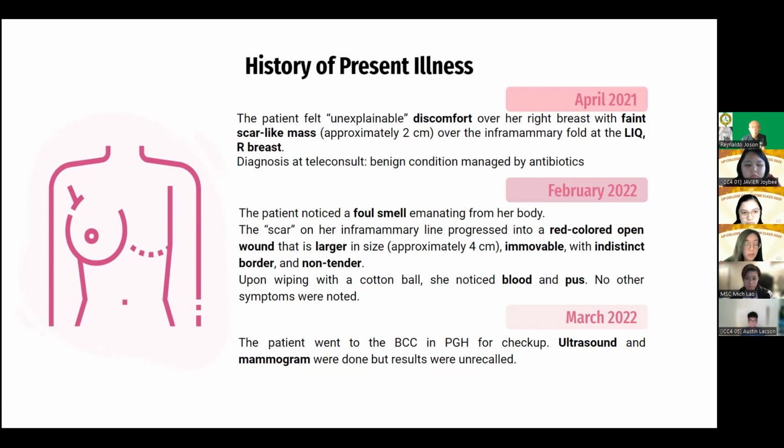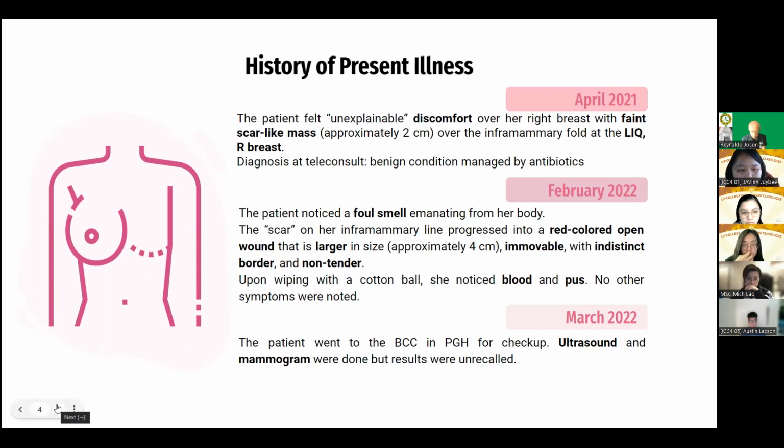This again prompted an online consultation. Then in March 2022, she was advised to go to BCC in PGH for checkup, where ultrasound and mammogram were done. Results were unrecalled.